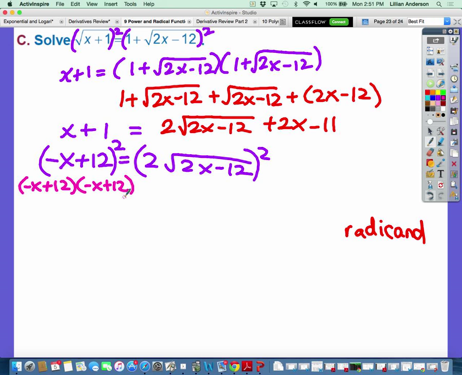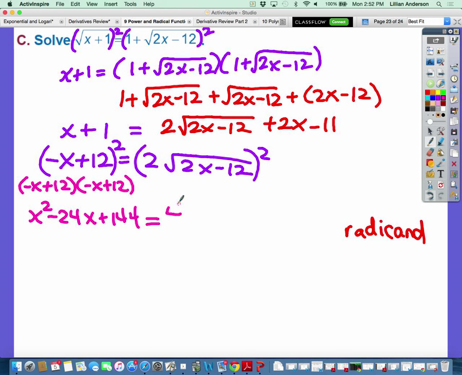Negative x times negative x is x squared. Negative x times 12, and another negative 12x make a negative 24x. 12 times 12 is 144. So there's the left side. The right side, you can actually square the outside and square the inside.